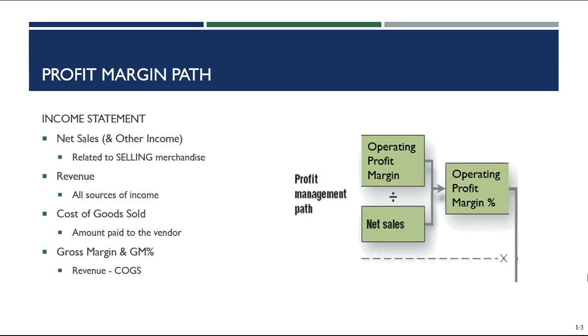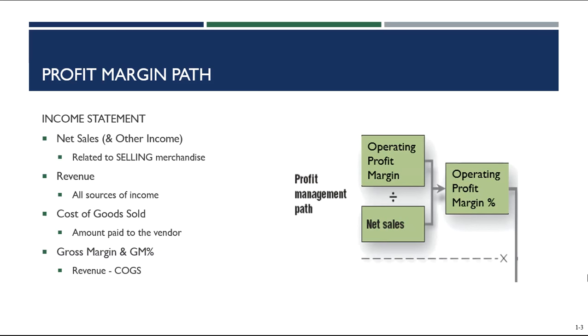Right? So there are four components to the profit margin path that we're going to be looking at, and it's going to use all of these components from the income statement. So it's first going to look at net sales and other income. So net sales are sales related to selling merchandise. Revenue is all sources of income.